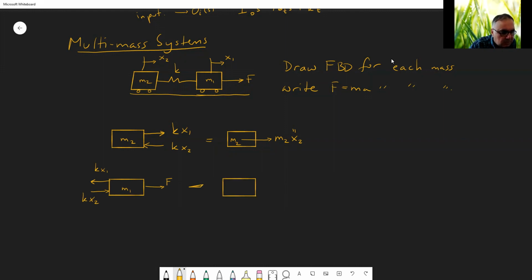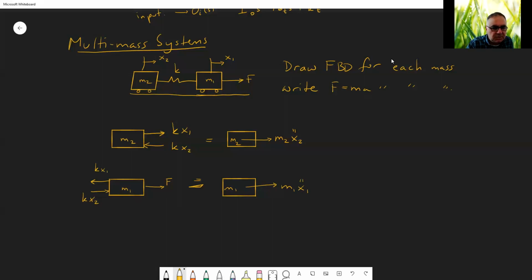This is M1, x1 double dot. Now here, what we do is we fix x2. If you move x1 only, the spring force will be towards the left. If you fix x1 and move x2, the spring force on M1 would be towards the right. So this is as we draw it.